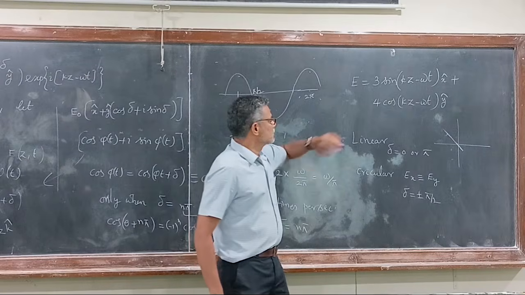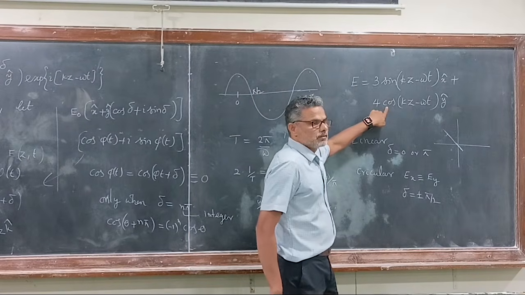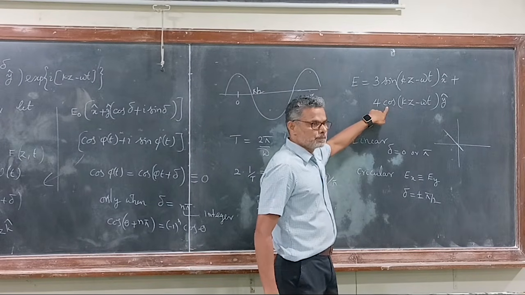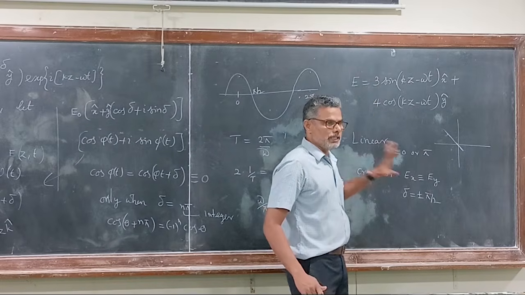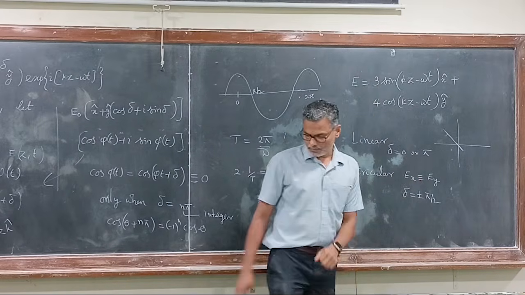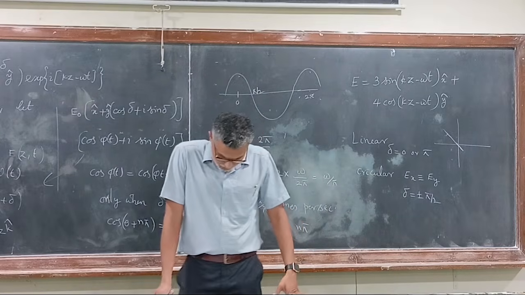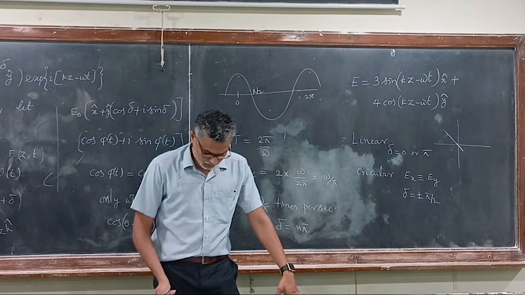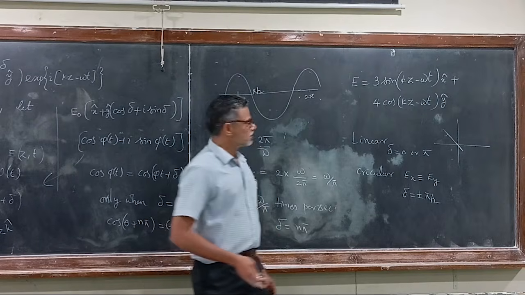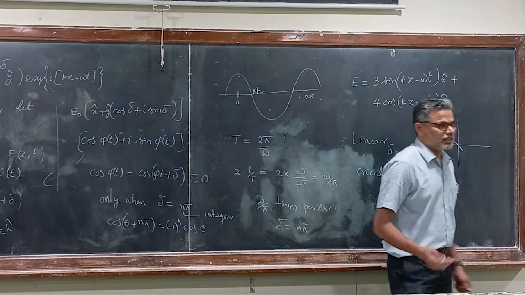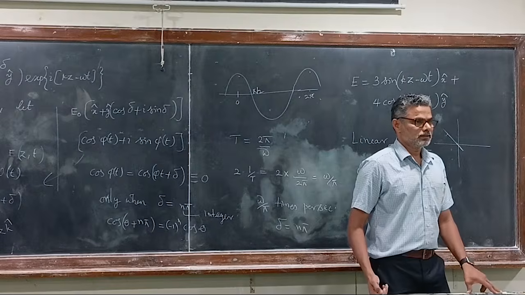So in this case, your sine and cos, the difference is pi by 2, and amplitudes are not same. So therefore, it can be only elliptical in nature. And is it right elliptical or left elliptical, if it is asked?